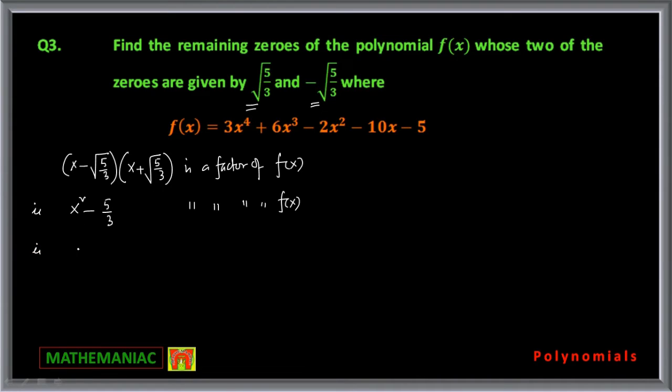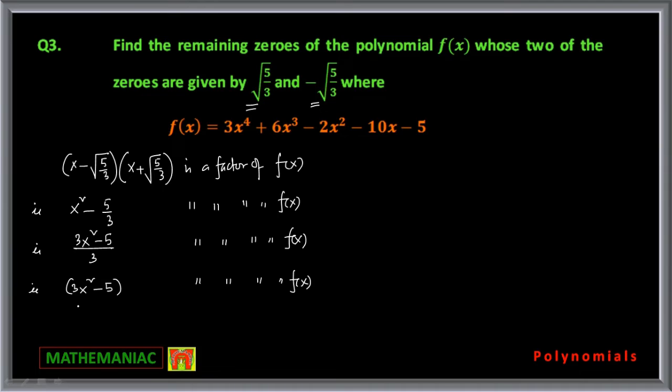Now instead of keeping it like this, we'll try to simplify by taking the LCM. So this will also be a factor of f(x), and because we are dealing with a polynomial, we can drop this 3. Whatever numerator will be there will also be a factor of the original polynomial, right? Why did we do this?